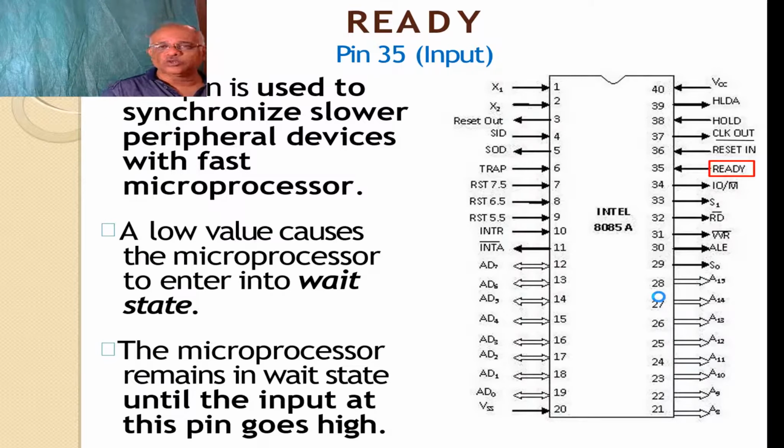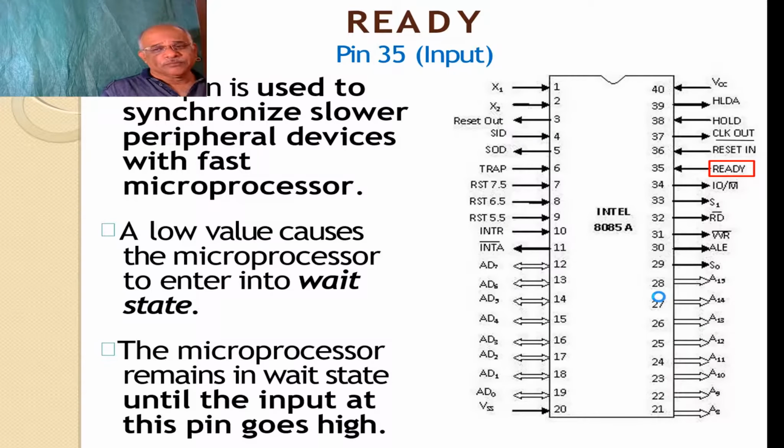This pin is used to synchronize slower peripheral devices. There are a number of peripheral devices connected to the microprocessor 8085. Those peripheral devices may be input devices, output devices, or certain kinds of memory. All these peripheral ICs are connected to the microprocessor.